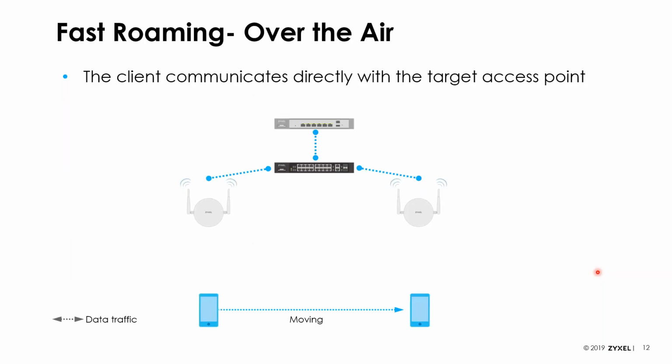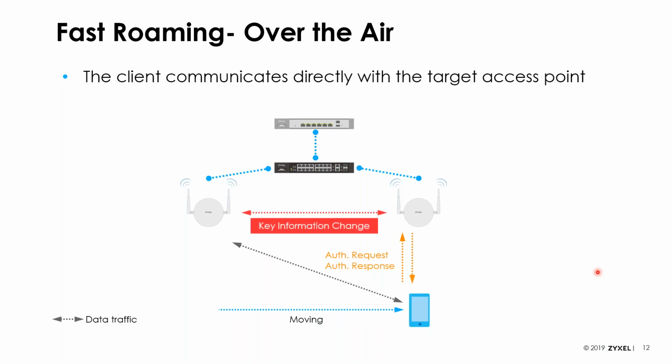So in practice, we have a client that starts moving from AP1 to AP2. It sends an authentication request to the AP it wants to roam to. The APs share a key information exchange, so they share all the authentication and encryption between the APs, so the client does not have to. The AP that is receiving the client is already aware of these specifications.